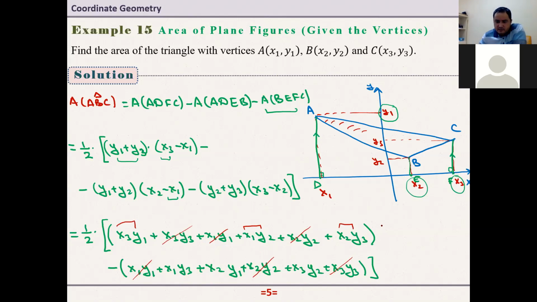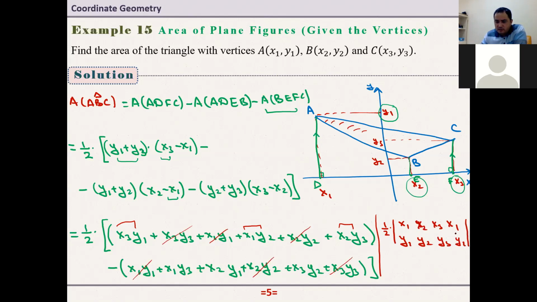What happens here? Here we still have 1 over 2 times, and we just get x1, x2, x3, x1 on top, and y1, y2, y3, y1 below.